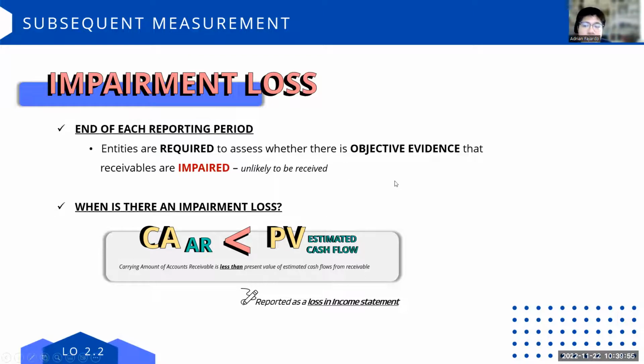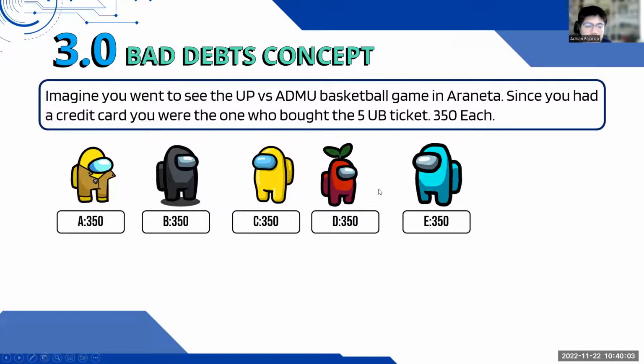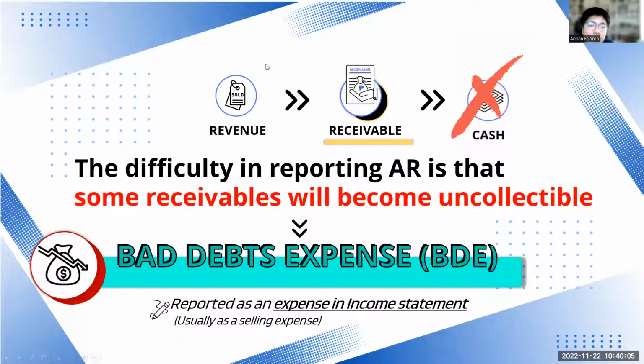But aside from this, to bring the accounts receivable down to its net realizable value, there is this concept that we have to master called bad debts expense. In essence, the difficulty in reporting AR is that sometimes some receivables will become uncollectible. What I'm saying is that, we have our revenue, and then 100% of our credit revenue will have receivables. However, in the real world, not everyone will pay their receivables.